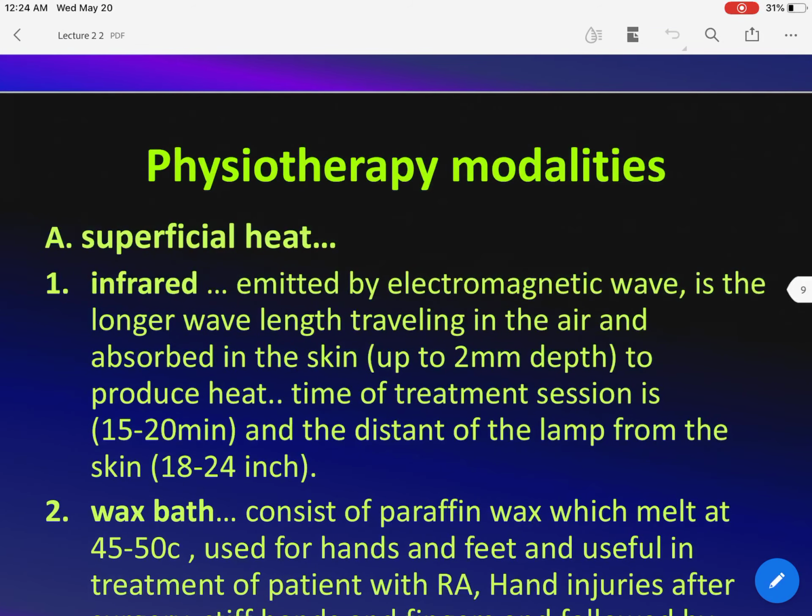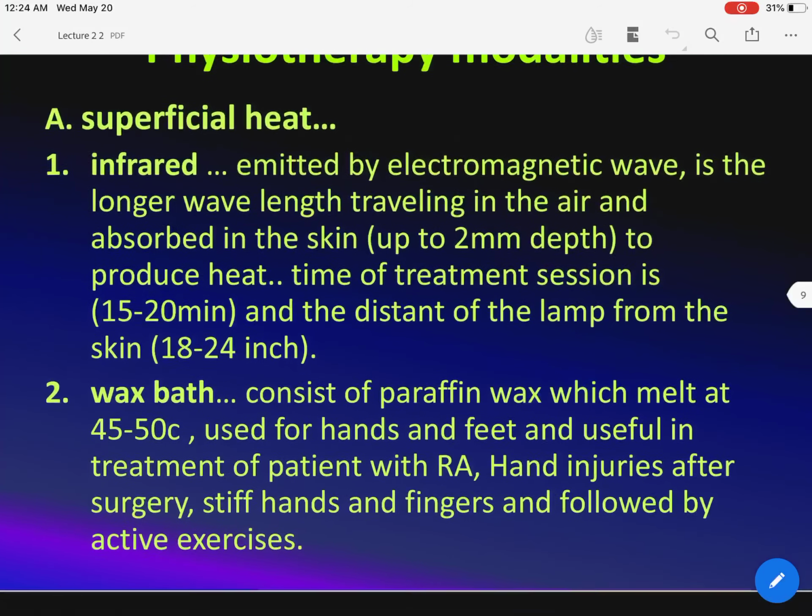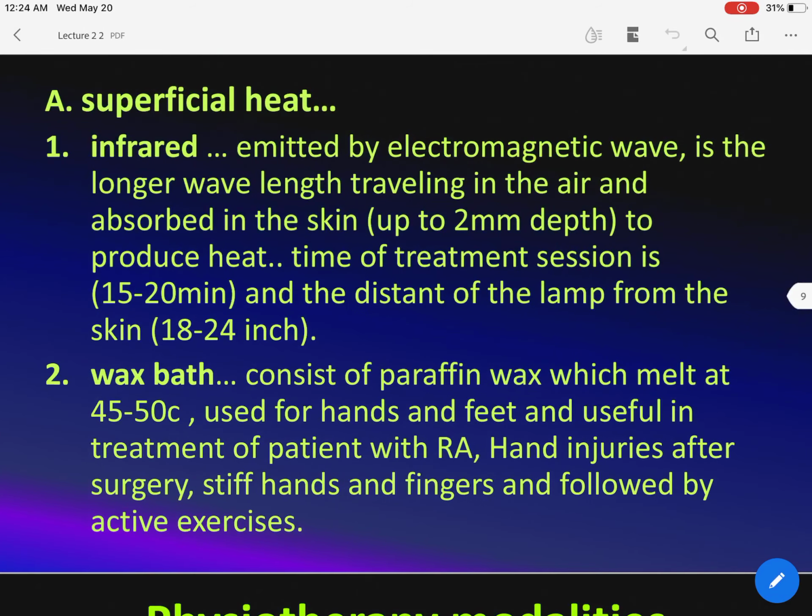Superficial heat modalities or instruments: infrared, emitted by electromagnetic wave, is the longer wavelength traveling in air and absorbed by the skin up to 2 millimeter depth. It produces heat. Time of treatment session is 15 to 20 minutes, and the distance of the lamp from the skin is 18 to 24 inch.